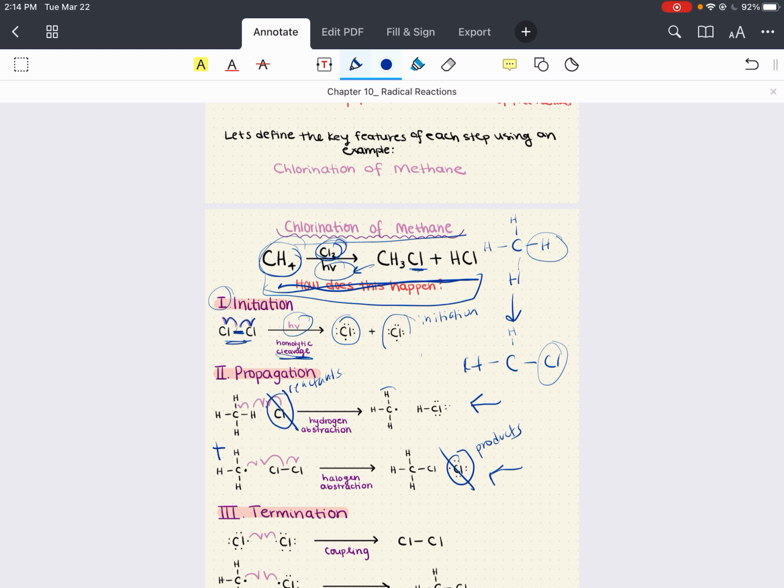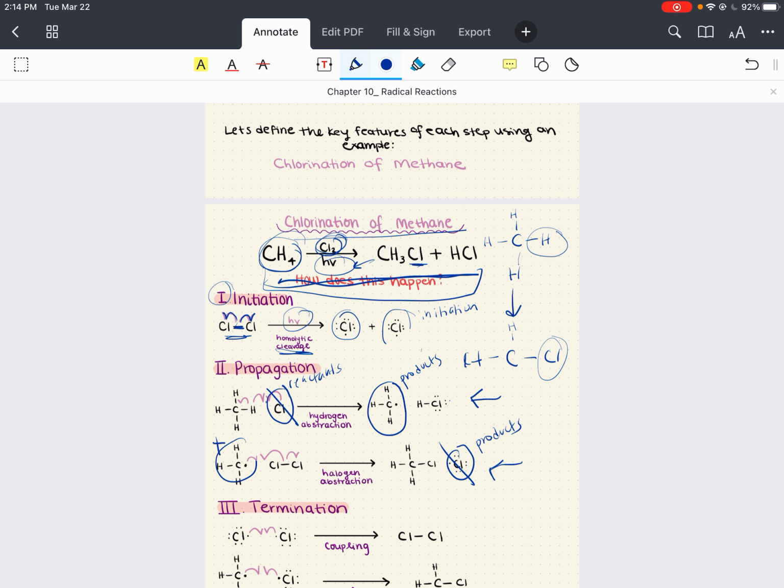Now, we have a methyl radical in the products of our first step of propagation, and we have it as a reactant in the second step. When we add these 2 reactions together, that cancels out. Look what we have left in the end. In the reactants, we have our methane and our Cl2, and in the products, we have our hydrochloric acid and our final product, chloromethane.